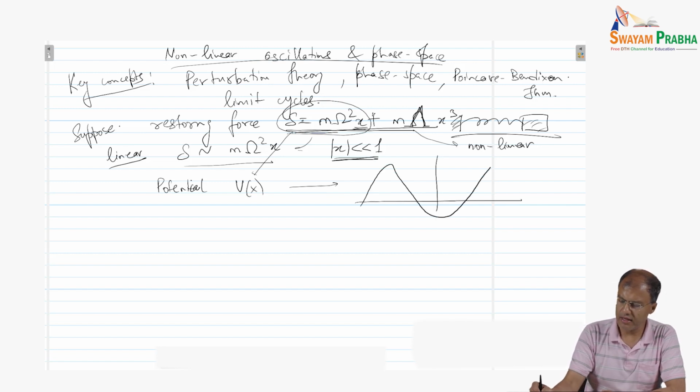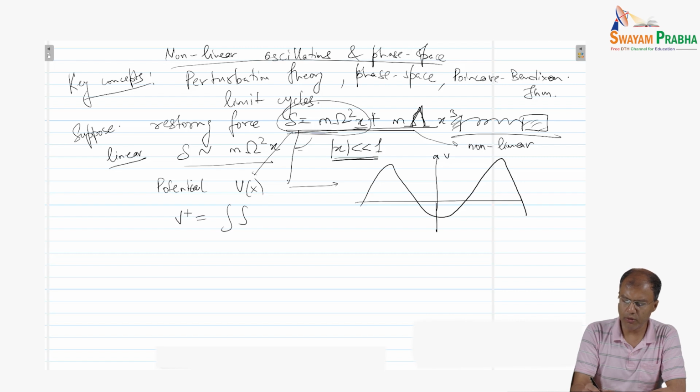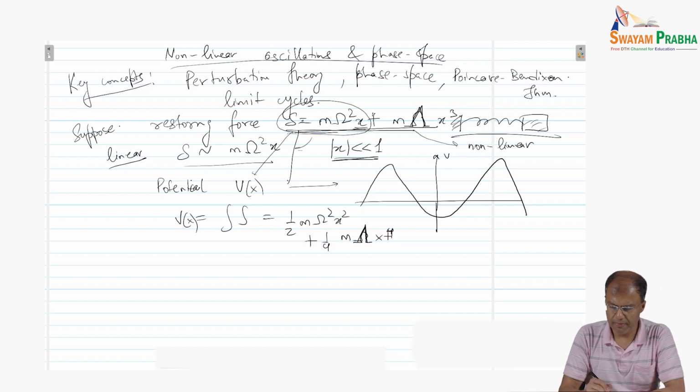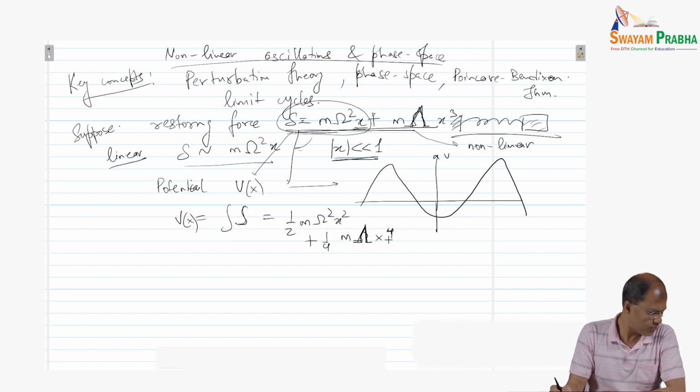We integrate S, my force, to get my potential V of x, and we see that this is equal to half m omega square x square plus 1/4 m lambda x to the power 4. This is a biquadratic potential.